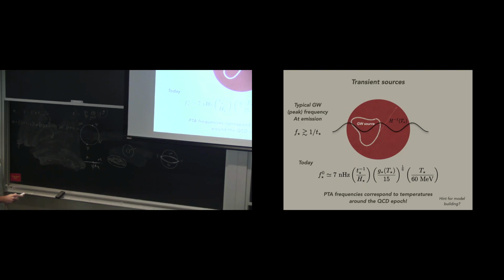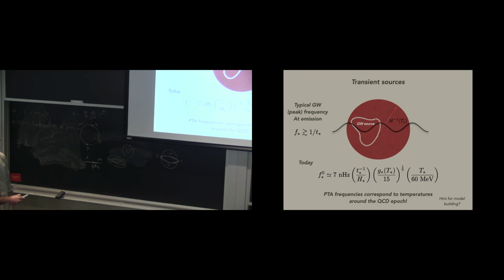Now, for these sources, the estimate that I presented in the very first slide is justified, and it goes as follows. Essentially, if you have a source that is active on a typical timescale T star, the frequency of the main harmonic is just estimated by the inverse timescale of the source, and that inverse timescale can be related to Hubble. Then you get the following estimate, which is exactly what I presented at the beginning.